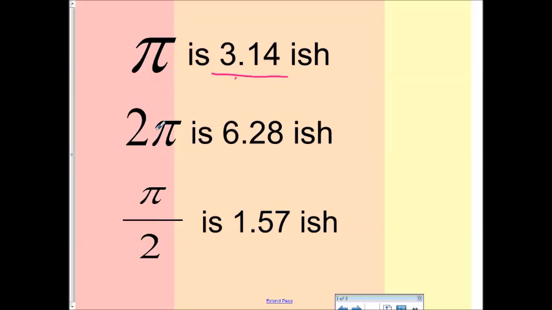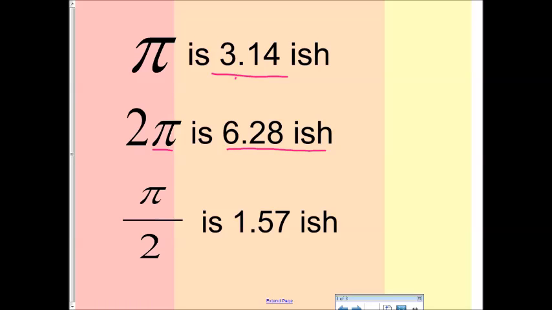2 pi is also irrational because it includes pi, but we can give it a rational approximation, as close as we can get to a rational number. If we use pi as 3.14, then 2 times 3.14 is 6.28-ish.